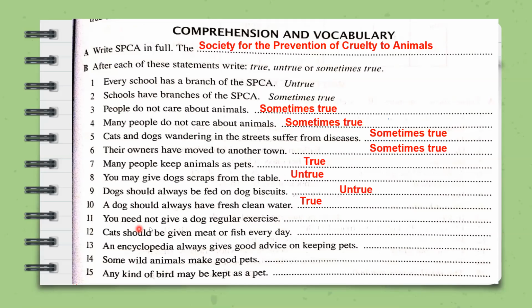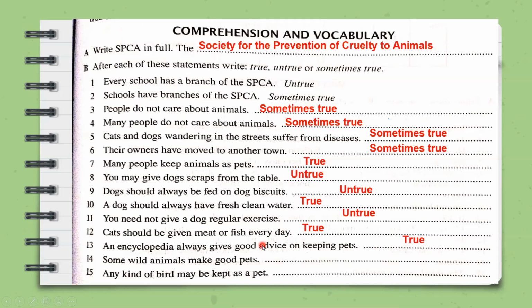Number eleven, you need not give a dog regular exercise. This is untrue because you should give a dog regular exercise. Number twelve, cats should be given meat or fish every day. Yes, true. Number thirteen, an encyclopedia always gives good advice on keeping pets.